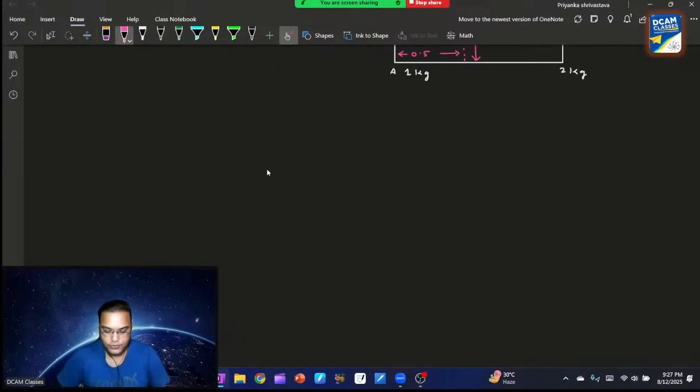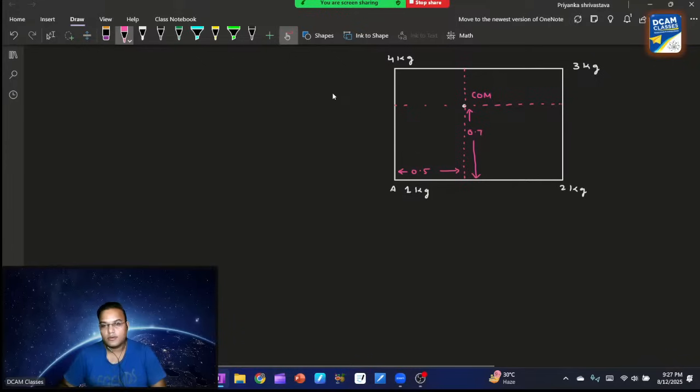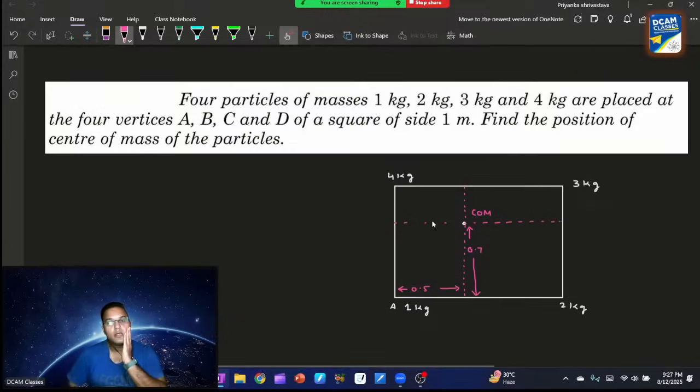Acha, let me show you the question and you tell me. The center of mass will lie on the intersection point of the diagonals. For this question, can we consider A to be the origin? Yes, you can consider A to be the origin.